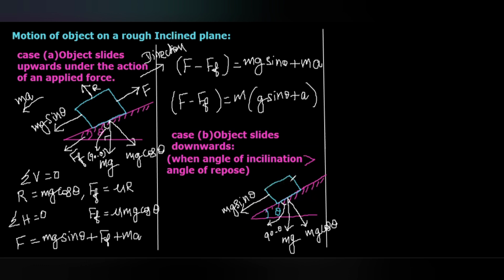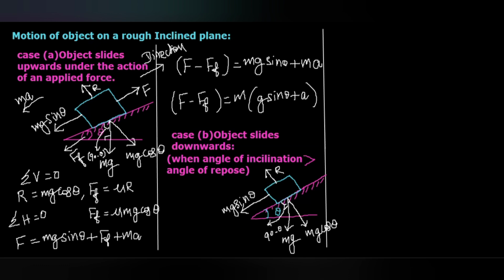Okay, here there is no external force. And then the upward mg cos theta is the normal force exerted by the object on the surface. So the equal and opposite normal force exerted by the surface on the object will be the reaction force.